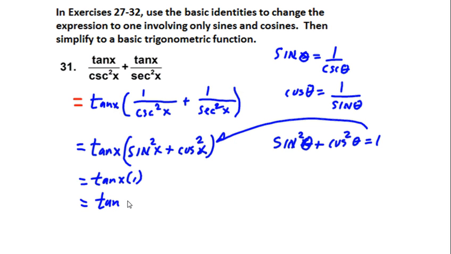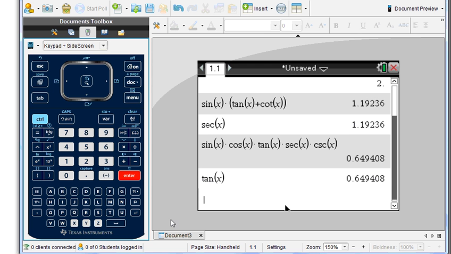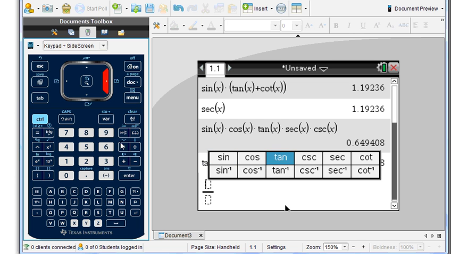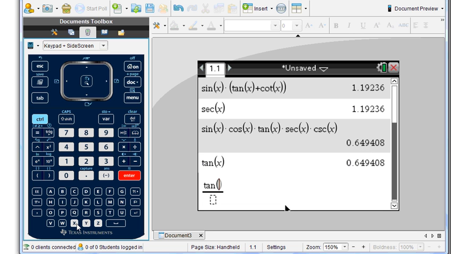And so we can go test out our answers, going back to our calculator, and if we get a fraction here, we have tangent x over cosecant squared x.